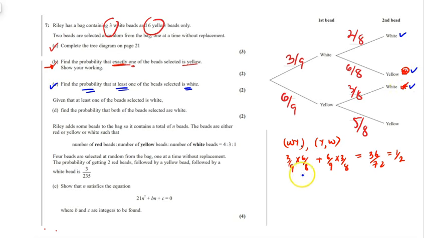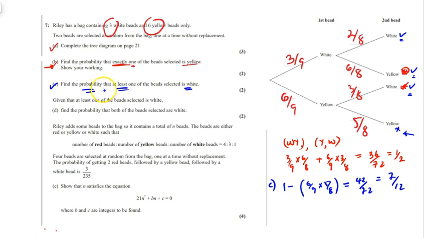You can get all these probabilities and add them together, or you just take the one that cannot happen, yellow yellow, and do 1 minus the probability of getting yellow yellow. 6/9 multiplied by 5/8 gives 42/72, which simplifies to 7/12. This is the same as adding the 3 probabilities, but since only one cannot happen according to the event we are looking for, we do 1 minus the opposite.